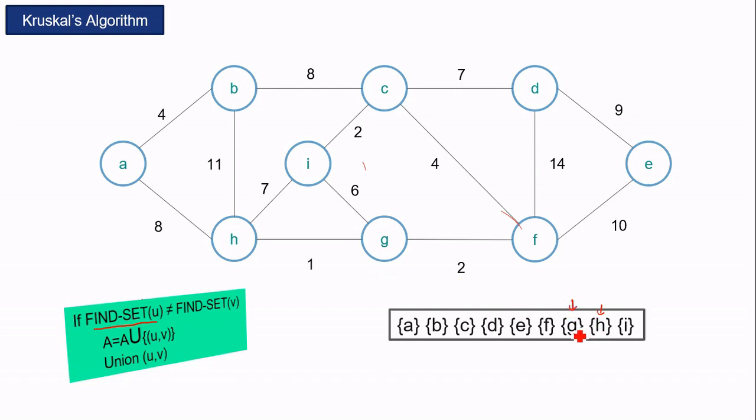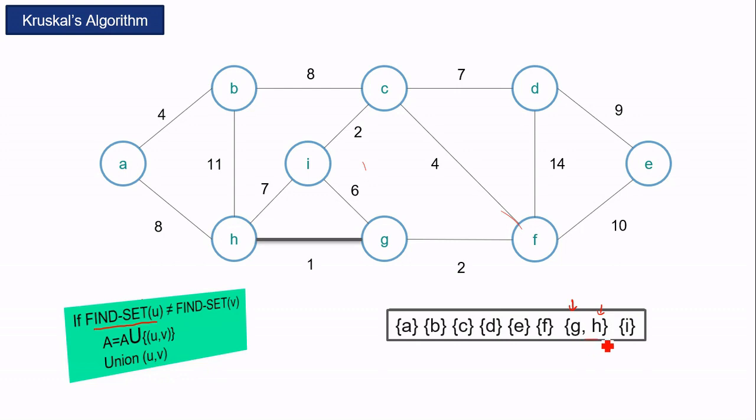G and H belong to different sets, they are not equal. Then I will add this edge HG into my tree, and then I will perform the union of these two vertices. So G and H will be united and form a single set GH.